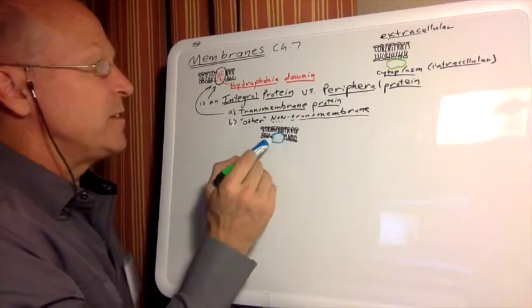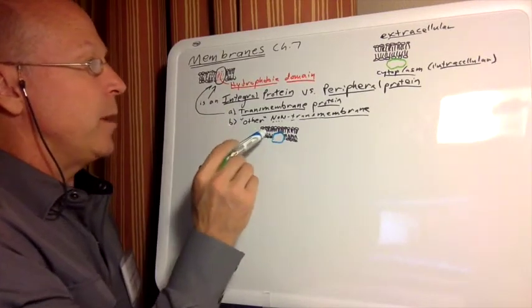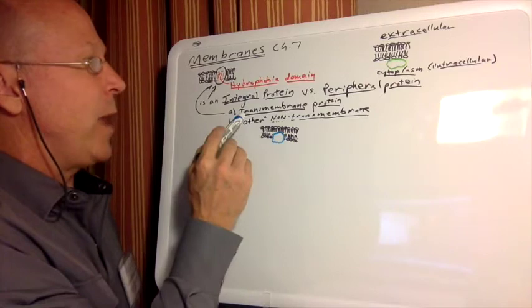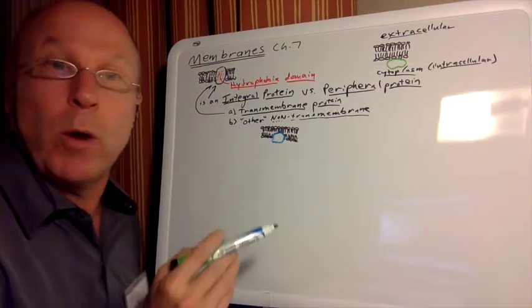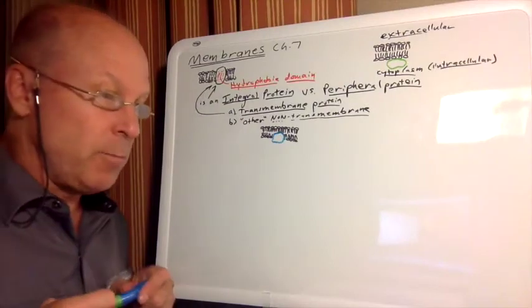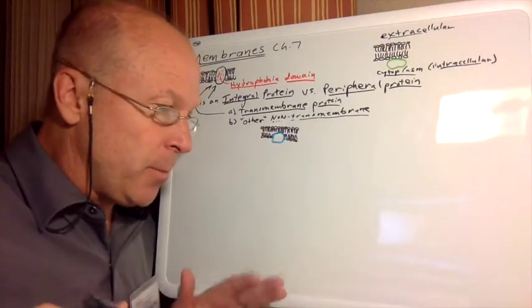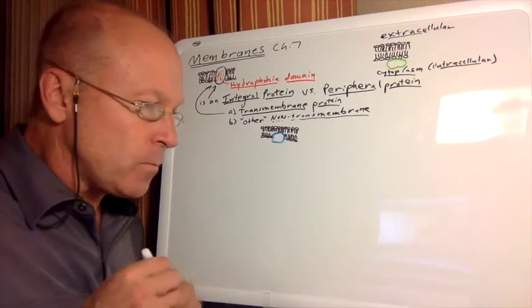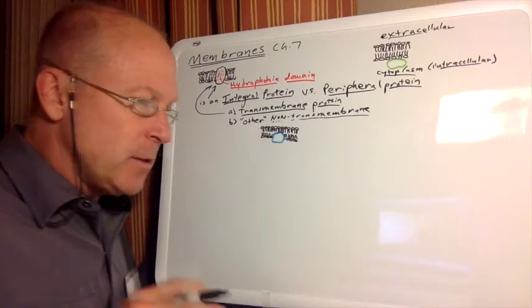So this guy still is an integral protein because it's in the membrane. It's the type that is not trans because it doesn't go all the way. This one right here only goes part way through the membrane. All these things are important. There's different kinds.